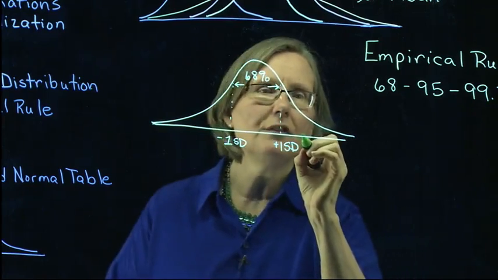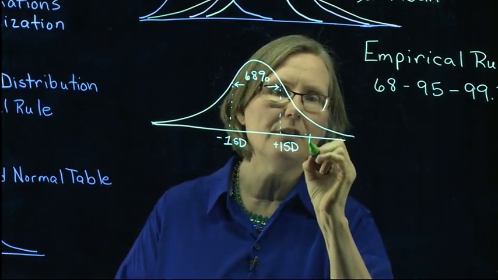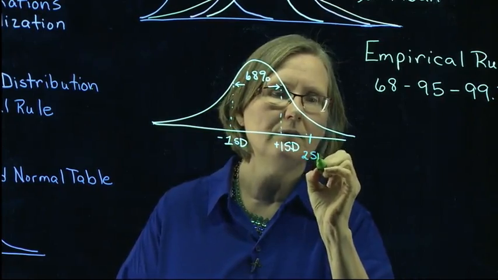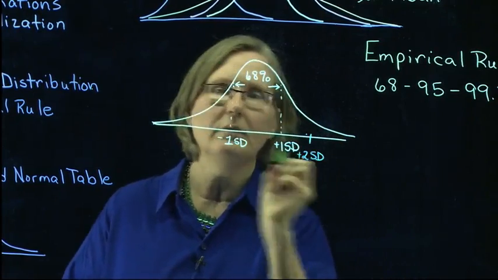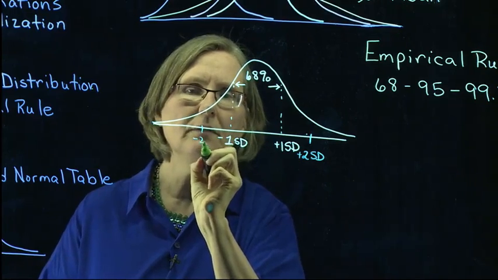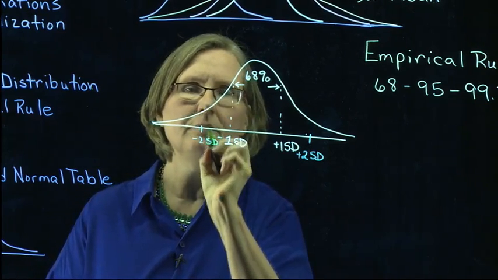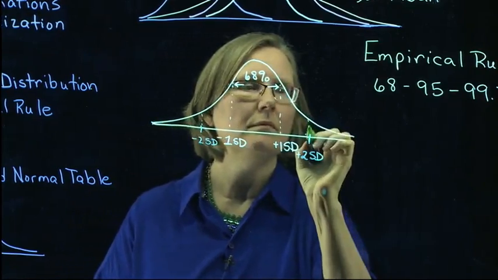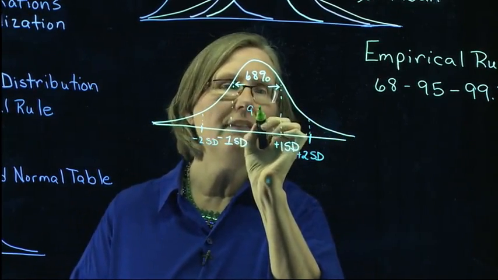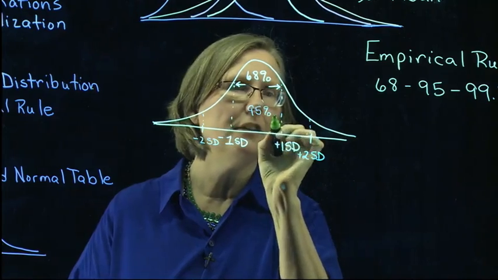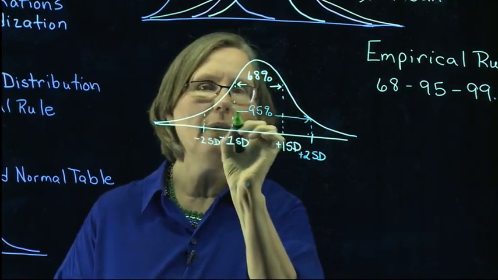If we mark off 2 standard deviations, plus 2 and minus 2, about 95% of your observations fall within that range.